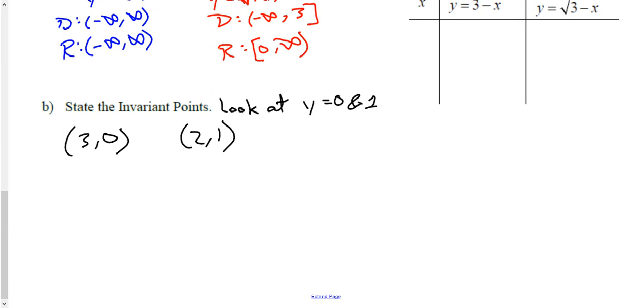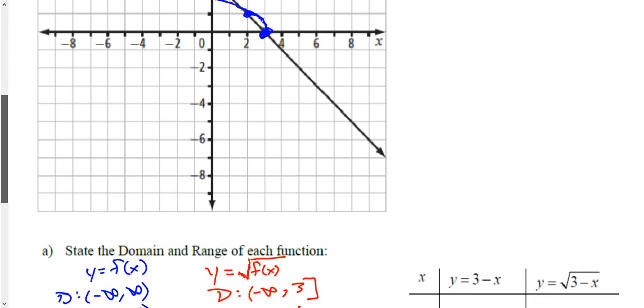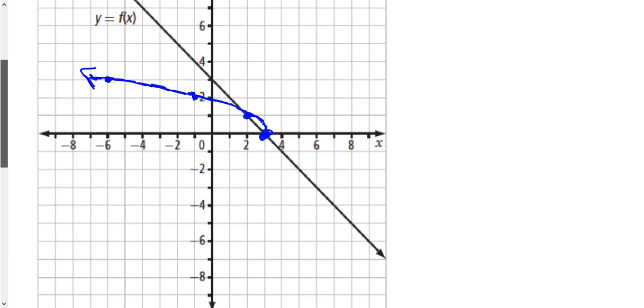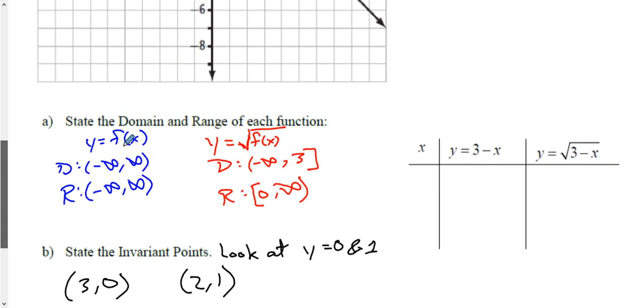Switching over to our table of values here, I'm going to cheat a little just because I already picked a few coordinates. I'm going to pick about 4 of them, and they're all going to line up on both graphs.